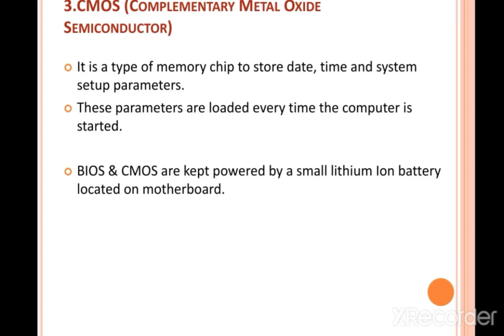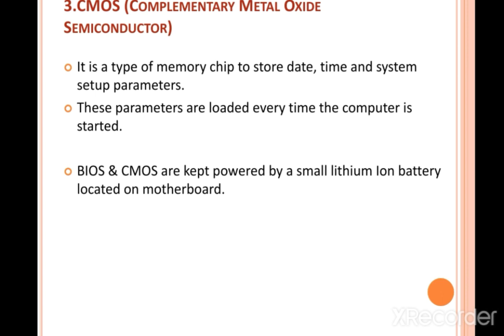Date, time, and system setup parameters. These parameters are loaded every time the computer is started.